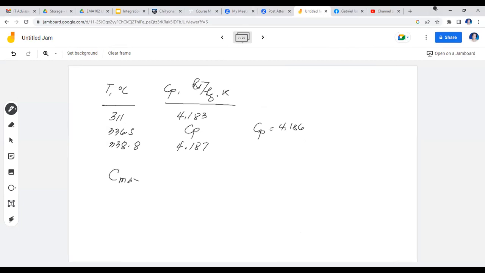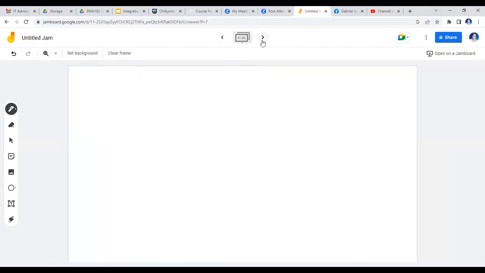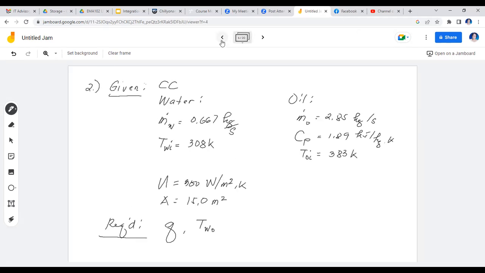Okay. Now we solve for C maximum. C maximum is equal to MC of the oil. The mass flow rate of the oil is 2.85 and its CP is 1.89.